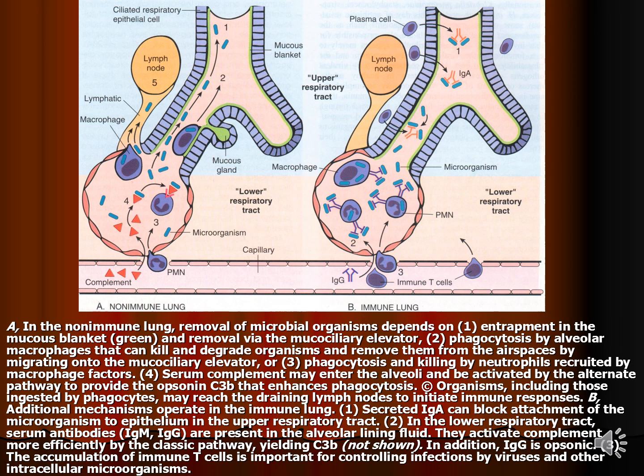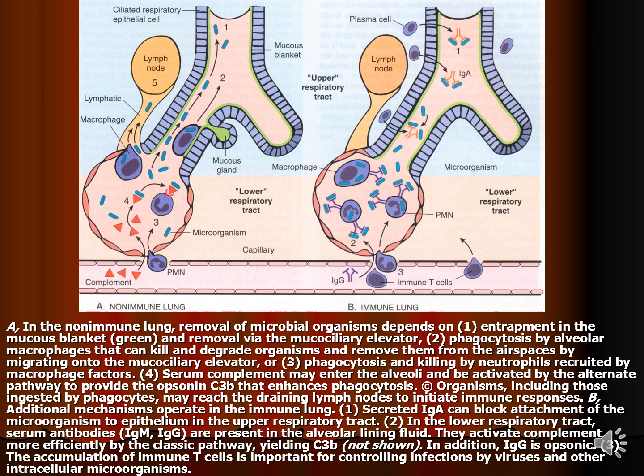Here we see two examples of non-immune lung and an example of immune lung defense mechanisms. In the non-immune lung, removal of microbial organisms depends on entrapment on the mucous blanket, which is shown as green here.